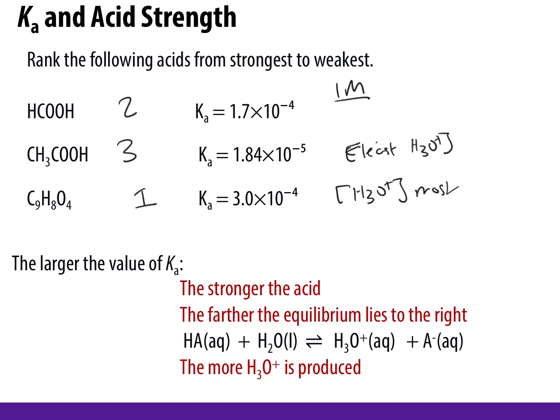When we think about pH, this would have the lowest pH because it has the highest concentration of H3O plus. This would have the highest pH. So we can ask these conceptual questions in a lot of different ways if you can just keep straight the meaning of the Ka and how that affects the concentration of H3O plus and the pH of the solution.